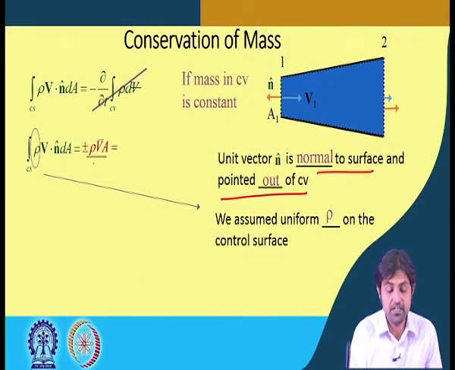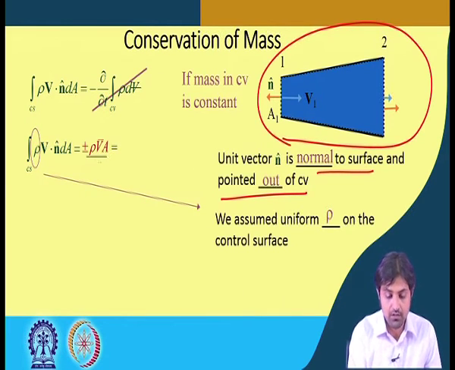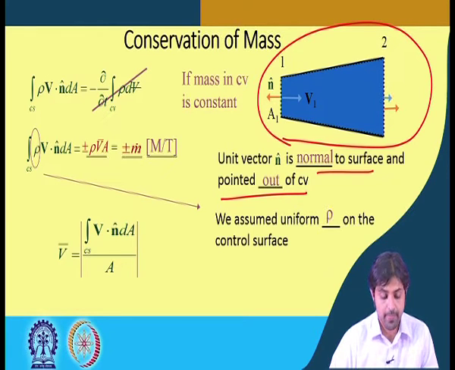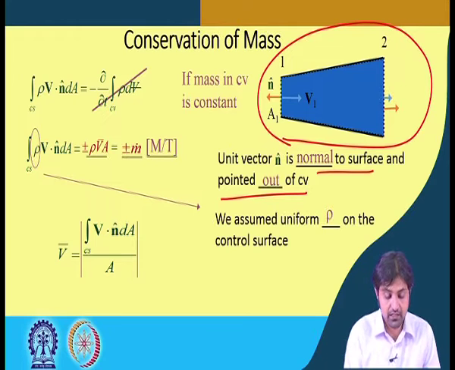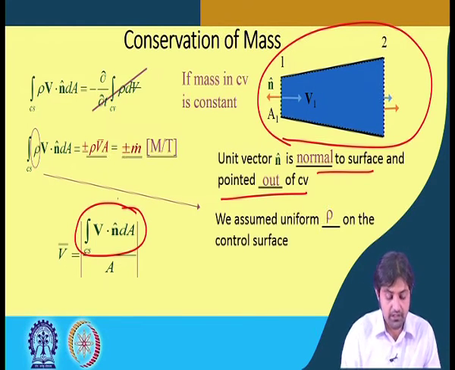So we can simply write for this particular case plus minus rho V bar A is equal to the rate of change of mass, or m dot, mass per unit time. So we can simply write the average velocity as this quantity, integral of V dot n dA, divided by the whole area of cross section.